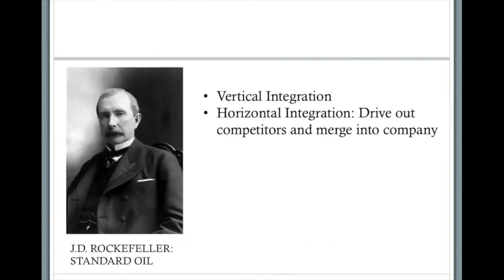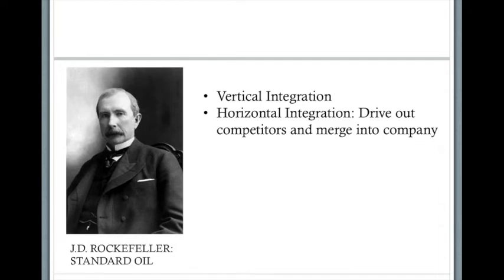There was also Standard Oil, which was founded by J.D. Rockefeller. J.D. Rockefeller, like Carnegie, used vertical integration, but he also used something called horizontal integration. Horizontal integration was a process where a company drove out other competitors with predatory pricing, and then they would merge their competitors into a big company.